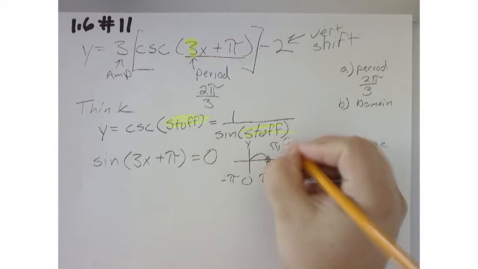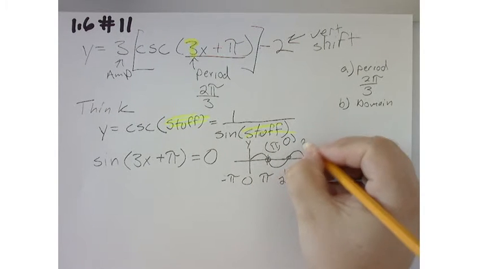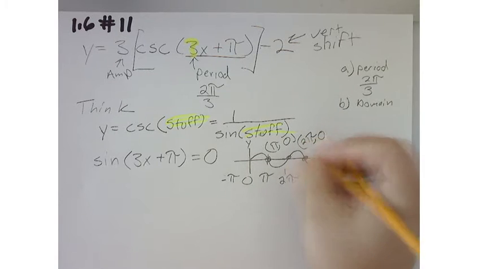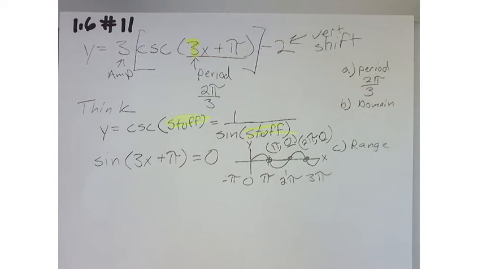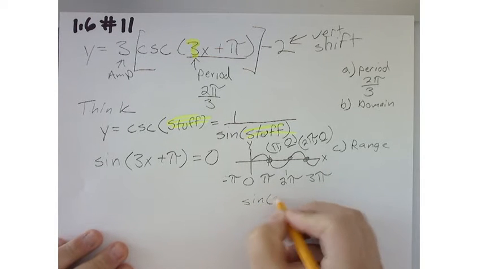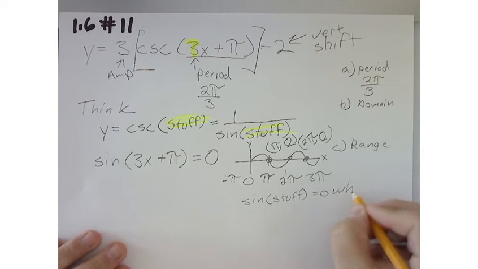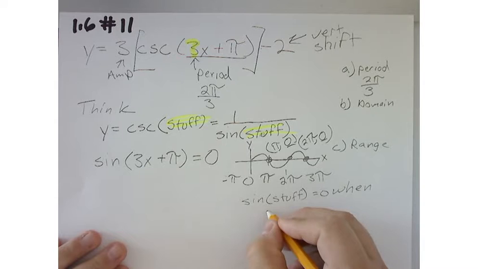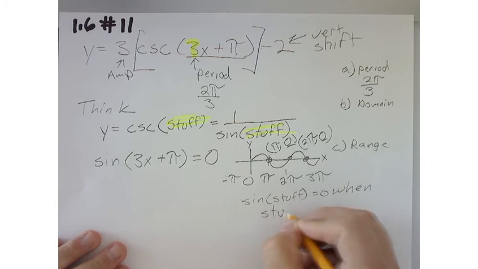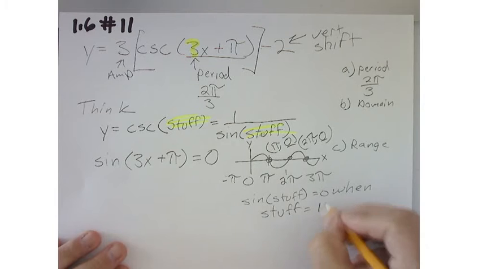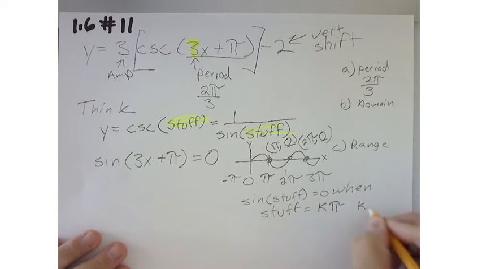What does that mean? That means that here we have the point pi comma 0. Here we have the point 2 pi comma 0. So the y values equal 0 at every multiple of pi, right? So what we could say is sine of some stuff equals 0 when stuff equals k times pi, where k is an integer, right?